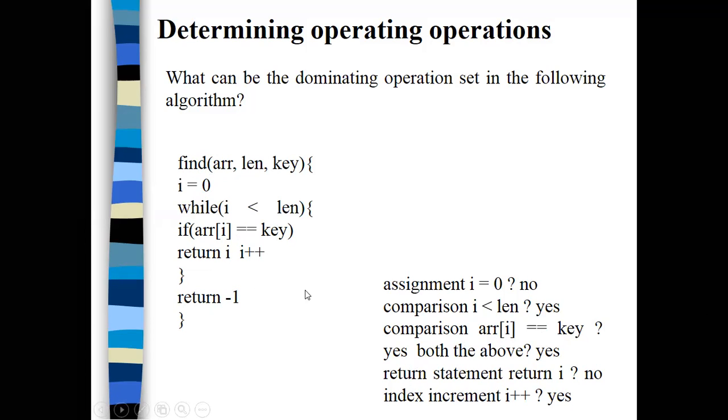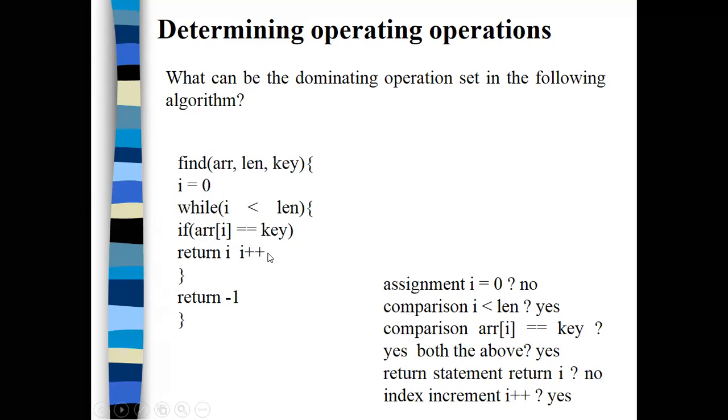The increment i plus plus, plus 1, plus 1, again and again, also represents a large amount of data. So i equals 0 and return -1 will not be the dominating operations, because these two represent only two values, not the major portion of the data.